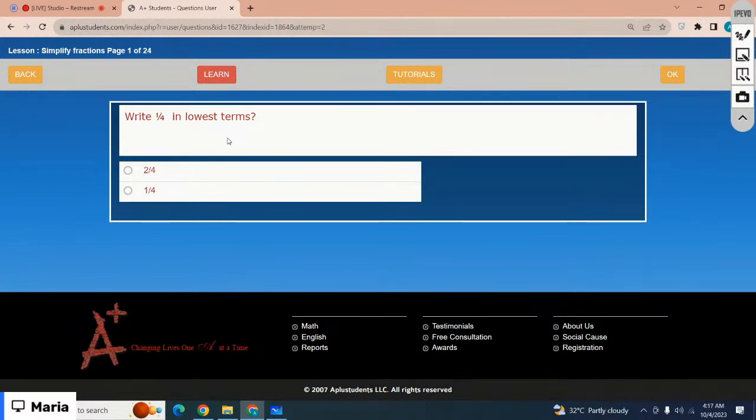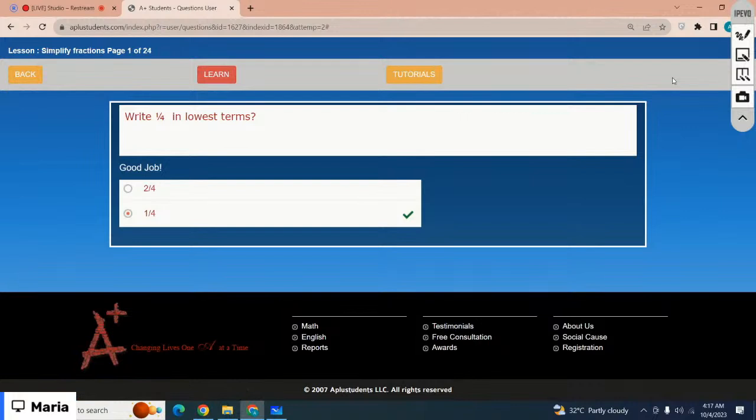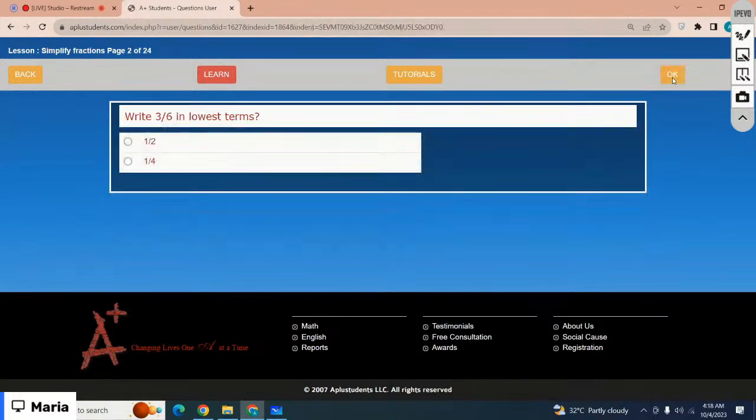They are already in the simplest form, right? The correct option is 1 over 4. You cannot simplify them further, so that would be already in the lowest term.